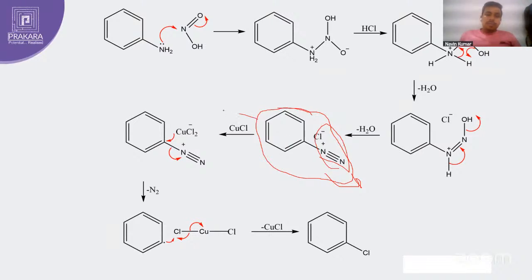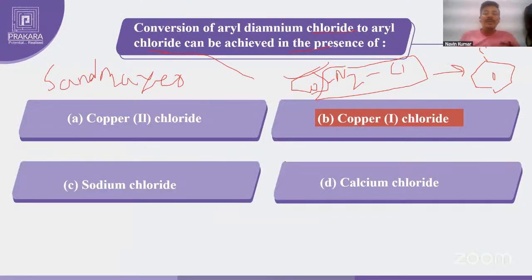And when this reacts with CuCl, CuCl means here the valency of the copper is 1. So the correct answer will be copper 1 chloride. So option B is the correct one. And the question is related to the Sandmeyer reaction.